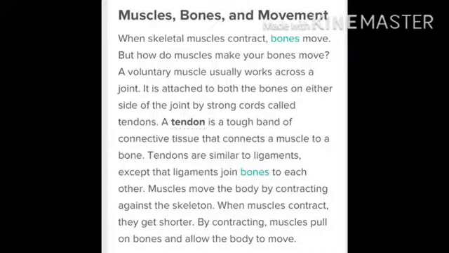When the arm is moved up, the biceps contract and become shorter and the triceps expand. This is called flexing of the arm. When the arm is straightened or extended, the triceps contract while the biceps expand. Now you know that the biceps are called flexor muscles and triceps are called extensor muscles.